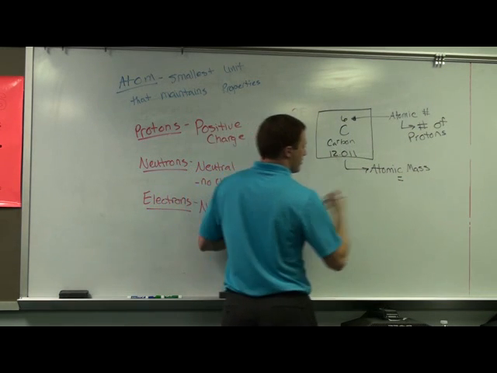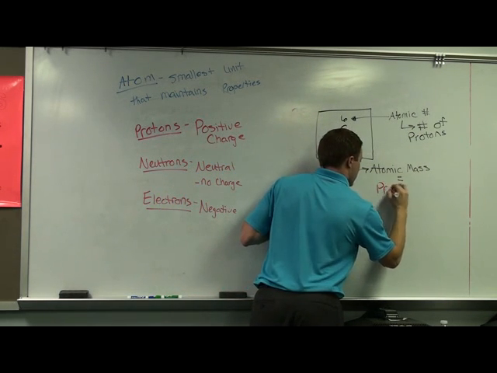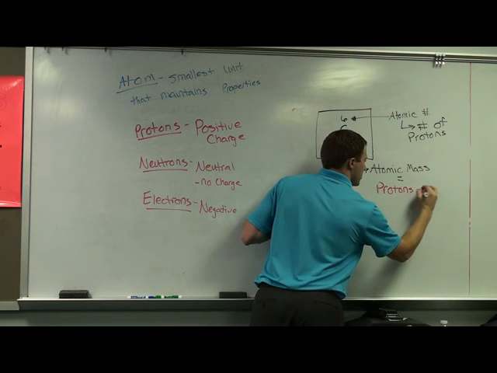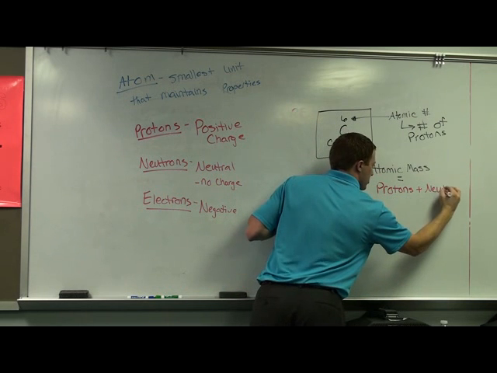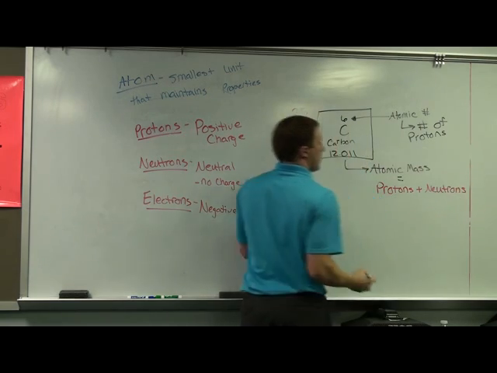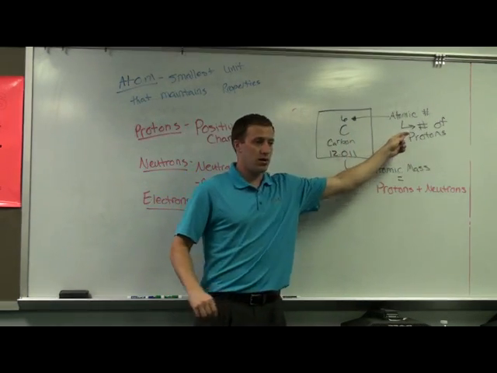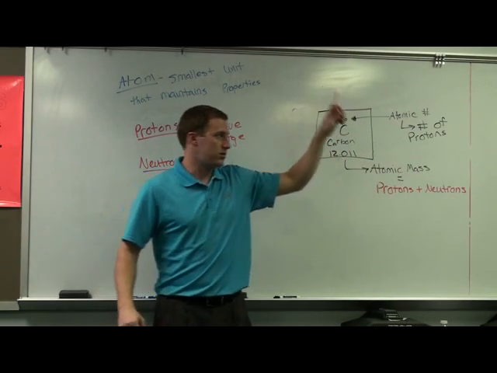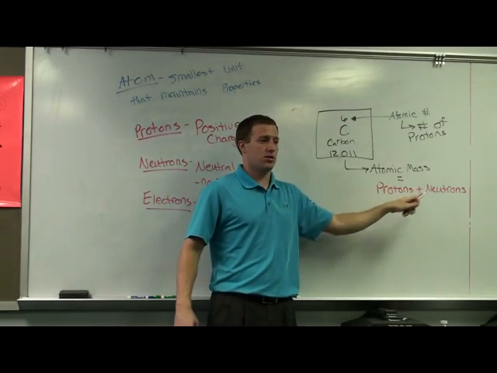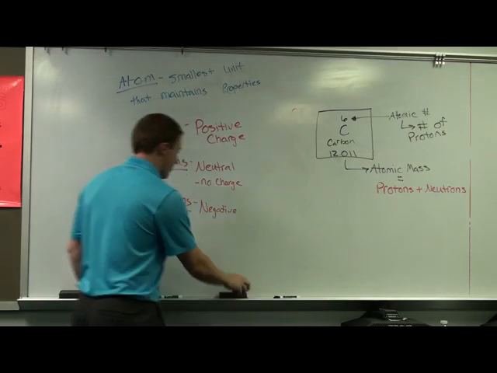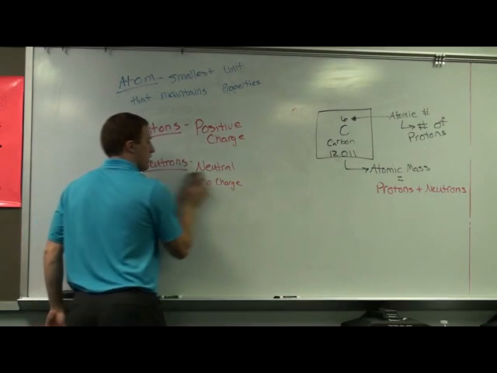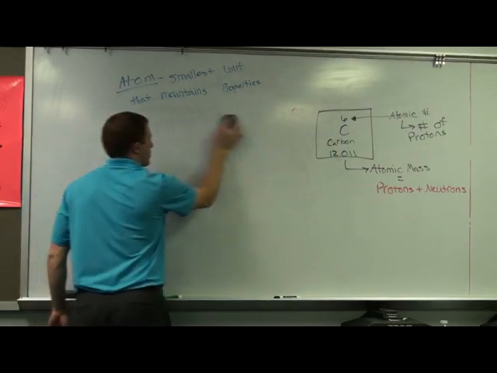Protons plus neutrons. Okay? So the atomic number equals the number of what? Protons. The atomic mass equals, what's the atomic mass? Protons plus neutrons.